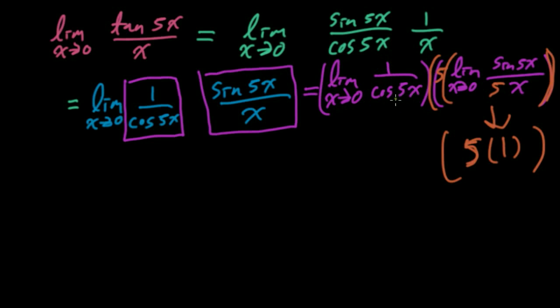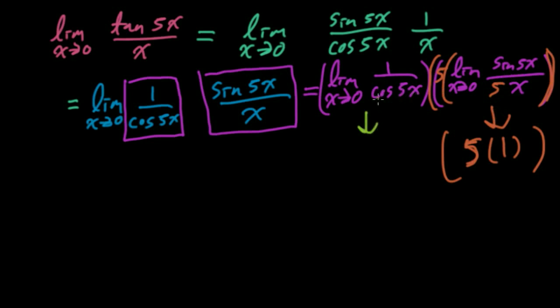Because what is the cosine of 0? The cosine of 0 is 1. If in this expression we would have been dividing by 0, we know that we can't do that. But in this expression, there's nothing wrong with just plugging in 0 for x, because 5 times 0 is 0, so the cosine of 0 is going to be 1.